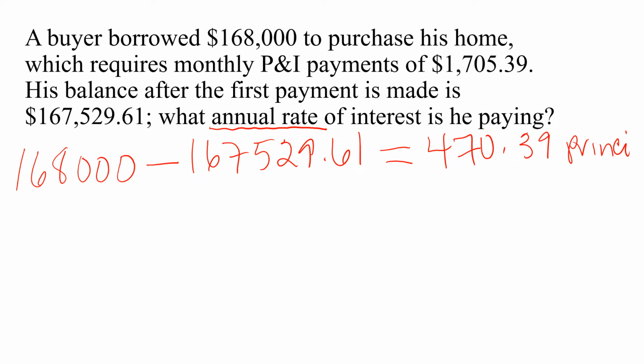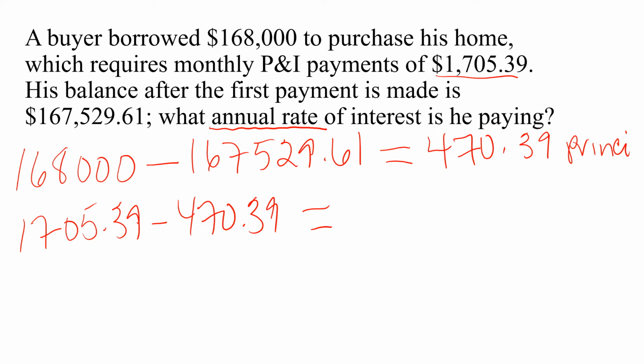So if I say my monthly payment of P&I is $1,705.39, and I know that $470.39 of that is principal, then that leaves me with an interest payment of 1,235.54. That's my interest payment.